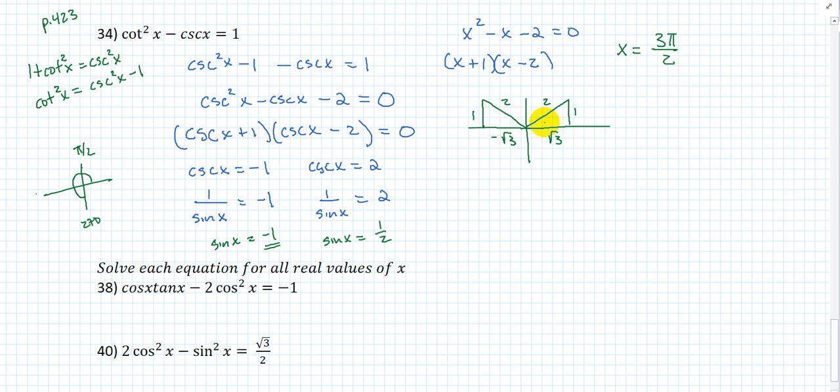And across from the 1 is my 30 degrees. So I can look at that and say, well, that's 30, and this is 150. And from previous problems, we recognized those as pi over 6 and 5 pi over 6. I'll just write that here. Pi over 6 and 5 pi over 6.